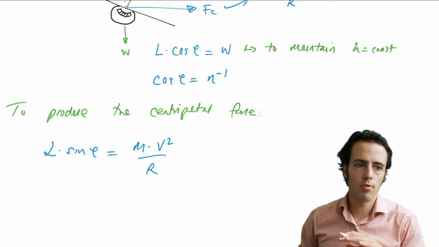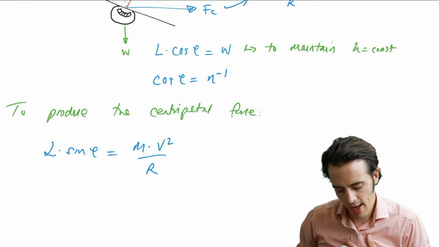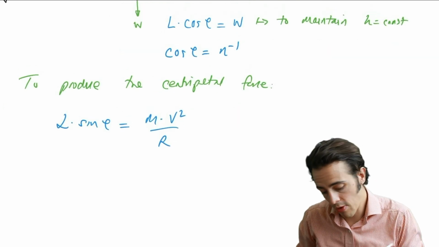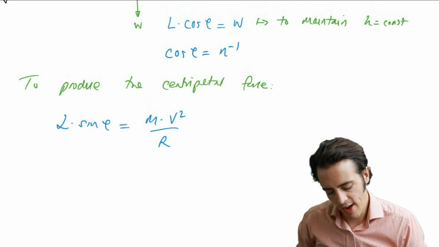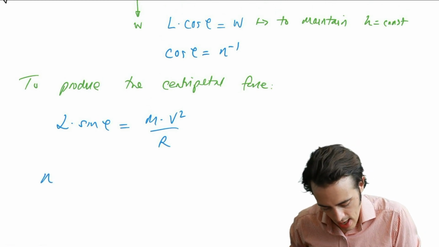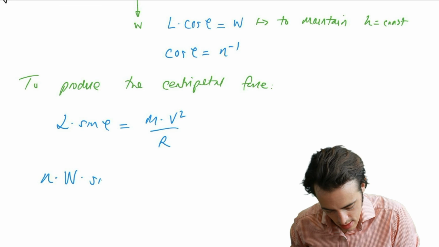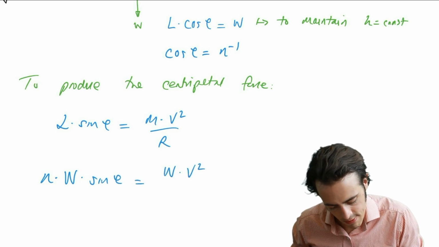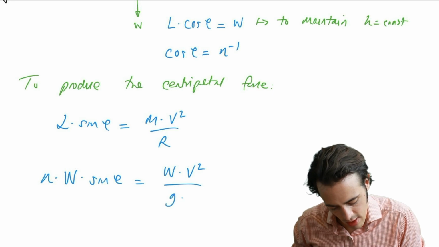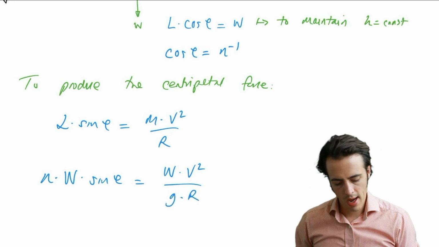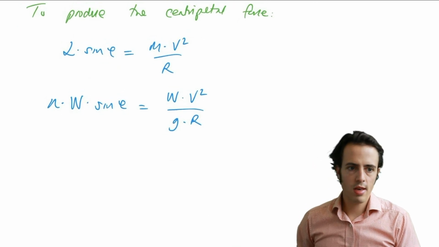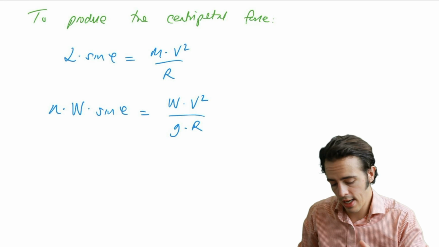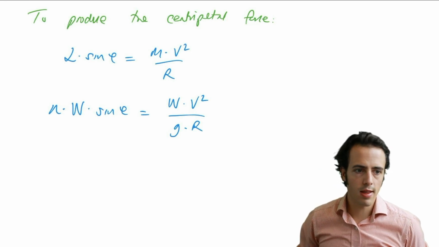And we can then represent L as nW in this case, and we can do some manipulation of this to get an expression. Remember before we said m was equal to W divided by g, so we're going to say nW sine phi is equal to W v squared divided by g multiplied by r. So this gives us an expression which is relating our turn radius to our bank angle in this case.